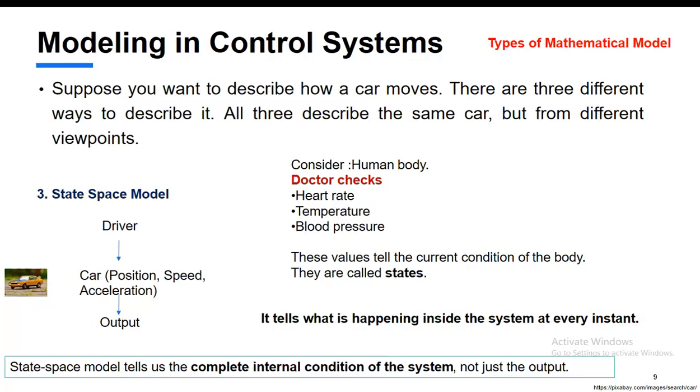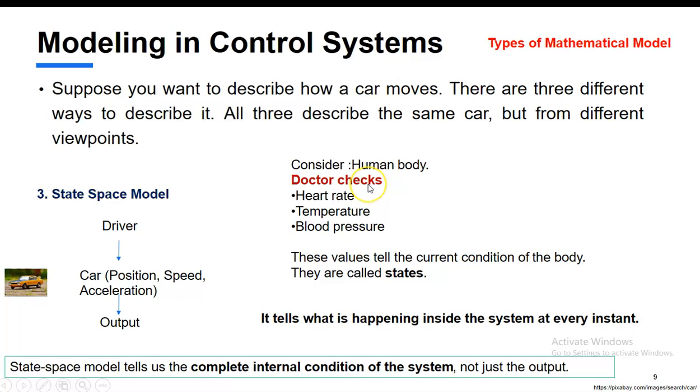The third one is state space model. Here you have a driver in case of a car. There is a position, speed, acceleration. Everything will change with respect to time. Then you will get an output. Means that it tells what is happening inside the system at every instant.